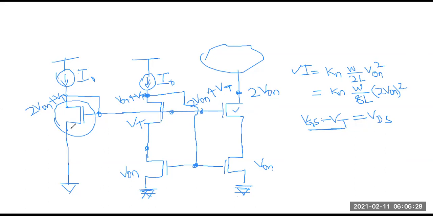Clear? But what is the disadvantage? Everything is okay. Output impedance and input impedance are not a problem. Output impedance is high and it's a very good topology. But what is the disadvantage? Just see here in the diagram. Two current sources, one extra current source.